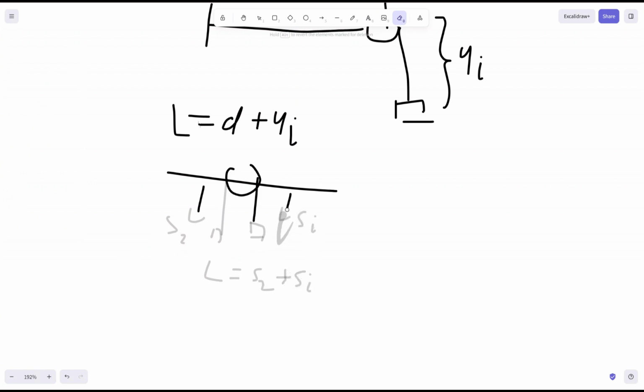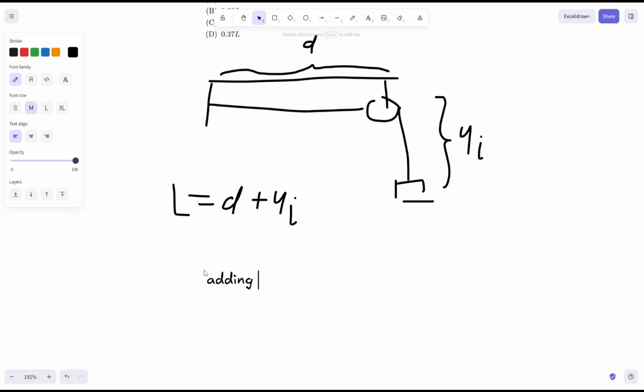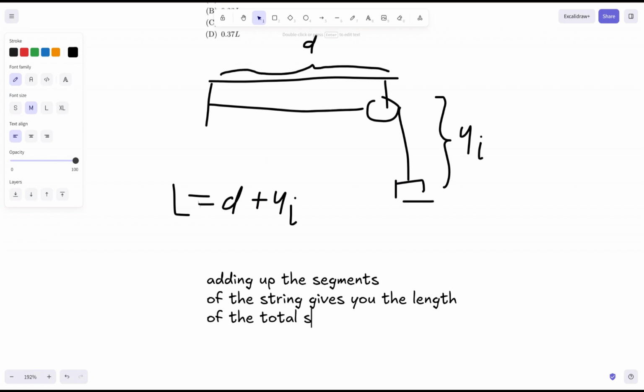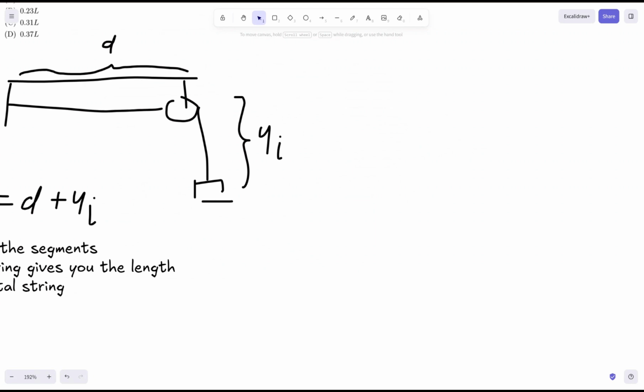I don't think they discuss problems like that, unless they do, not sure. Anyway, adding up the segments of the string gives you the total length of the string, which is pretty obvious. This is the conservation of string. So let's move on to the next one.